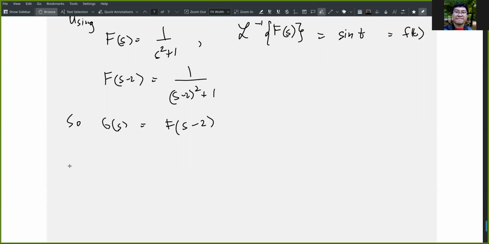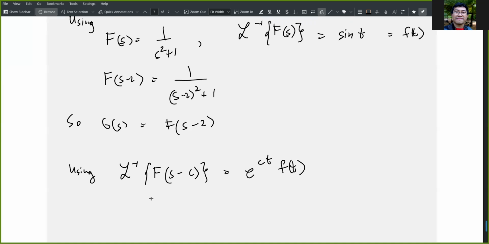So if you want to use the theorem, the inverse of F(s minus c) equals e^(ct) f(t).